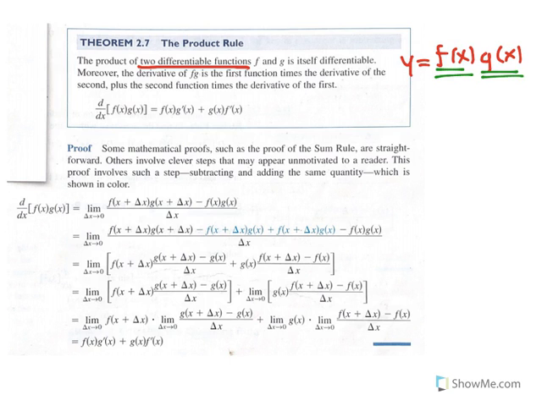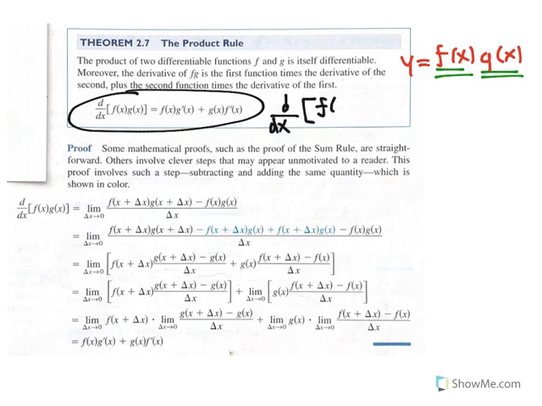Why is this true? The proof shows us why this is true. But before we look at the proof, I'd like to show you that this differentiation rule can also be written as follows. The derivative with respect to x of the product of two differentiable functions f and g can also be written as, look at this term here. Now notice that you have a sum, and of course if you have a sum, we know that addition is commutative, so you can write the second term first and the first term second.